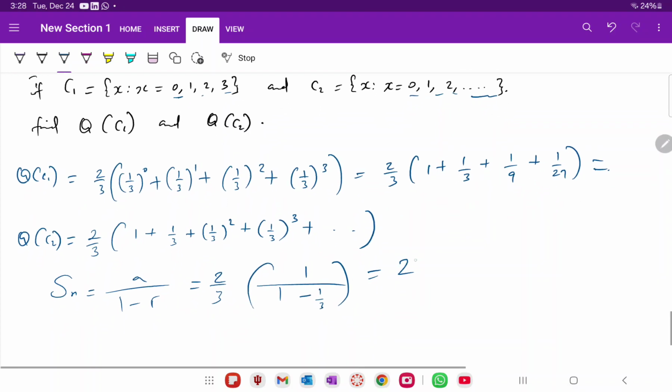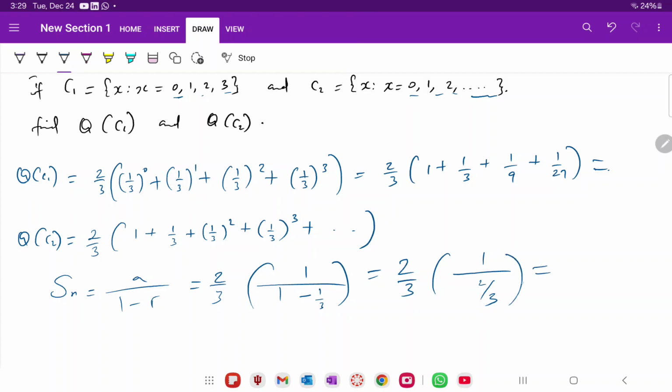And then you have 2 over 3 times 1 over 1 minus 1 over 3, that will be 2 over 3 times 3 over 2. So if we tidy this up, then this should be equal to 1.